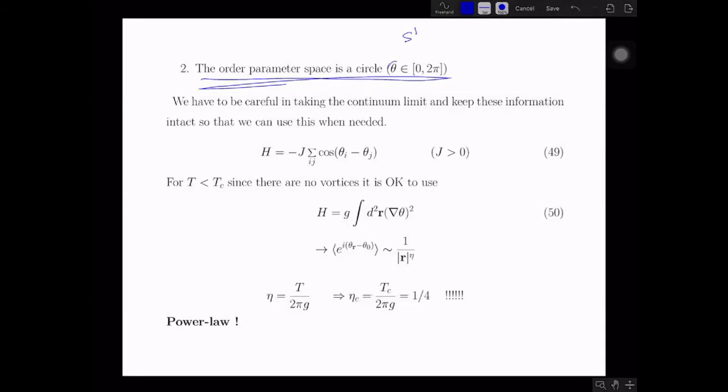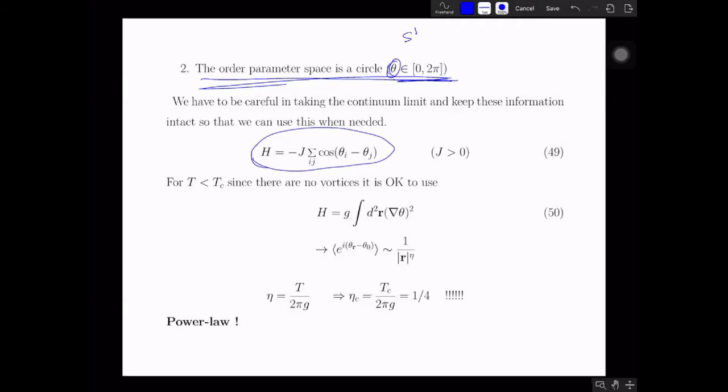So this theta that we have been defining is defined modulo 2 pi, in the range 0 to 2 pi. And we have to be careful in taking the continuum limit, keeping the UV regulator and the symmetries. And the kind of physically short-range Hamiltonian that is in conformity with this is this kind of Hamiltonian.